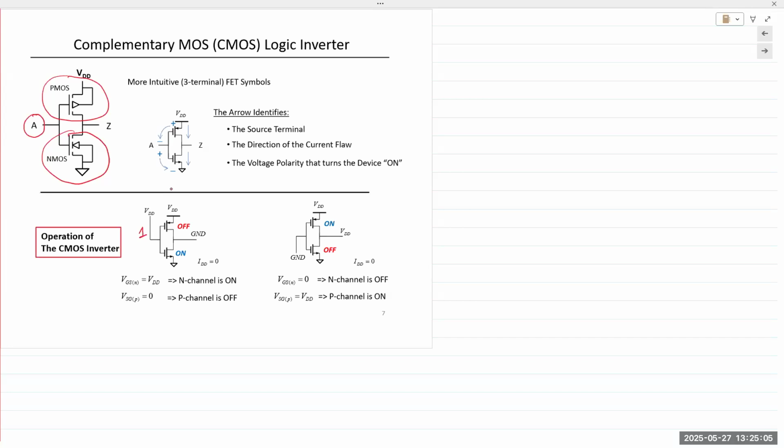It attracts the electrons in the NMOS transistor, the channel is created, and it turns on. And when it turns on, the output has a direct pathway to ground. So we get logic 0 at the output.